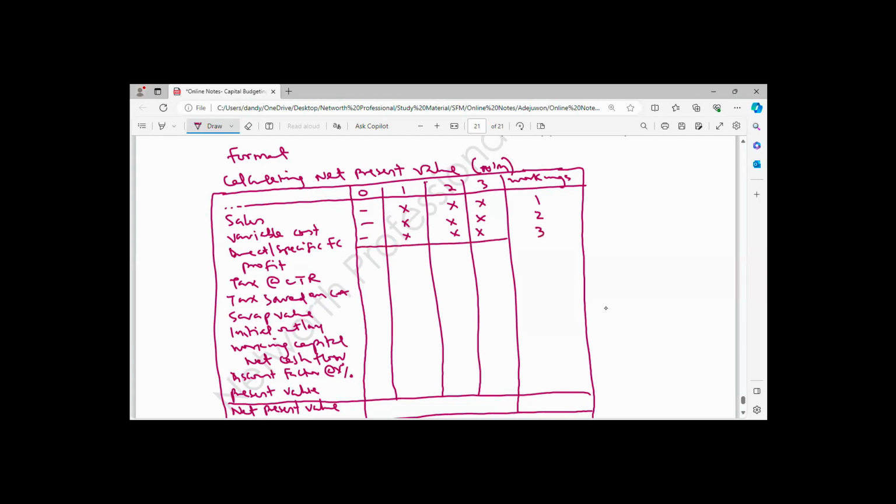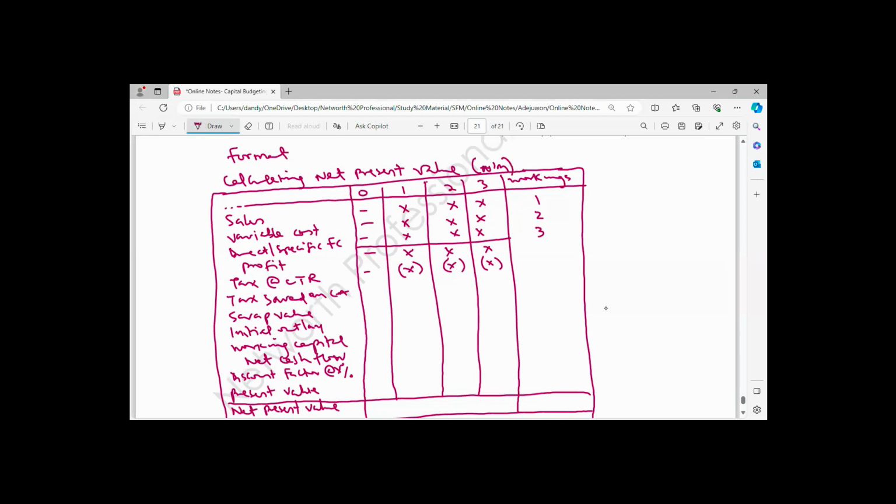So at this point, I need to find my taxable profits. I will then multiply the company tax rates on the taxable profit to have my tax liability. For the purpose of this demonstration, our assumption is that tax will be paid in the current year in which the profit is earned.